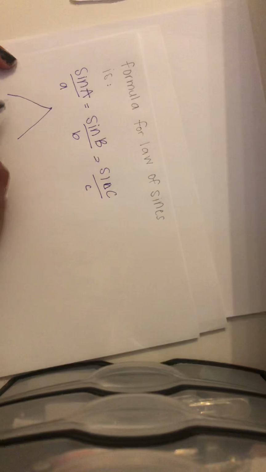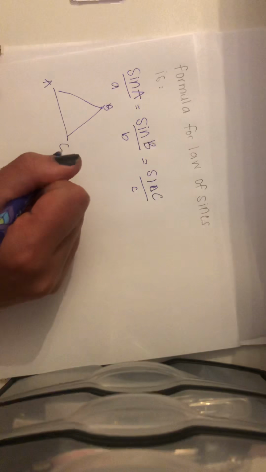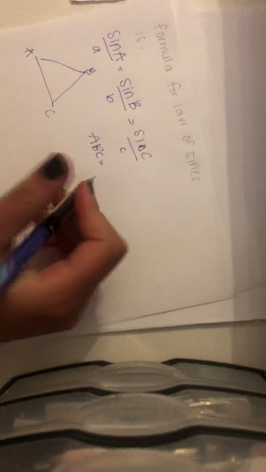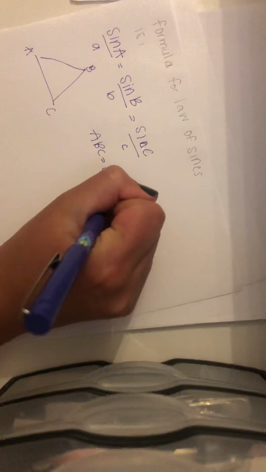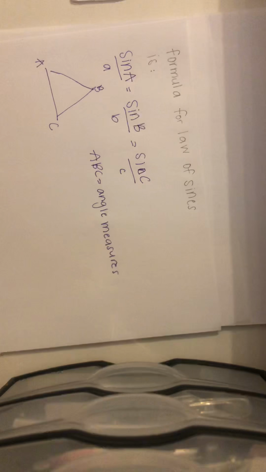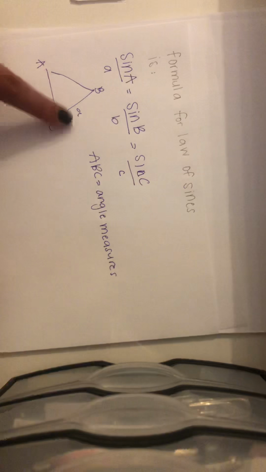Now let's review. We have a triangle with A, B, C, the angle measures. The side corresponding to angle A is little a, which is across.